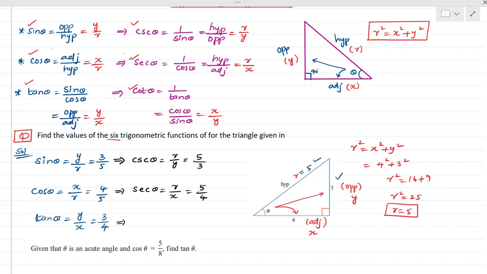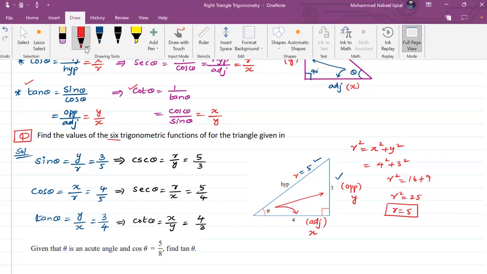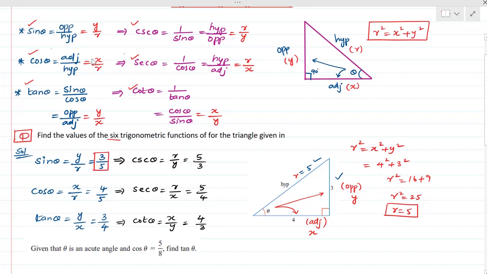And then cotan theta is x over y, so 4 over 3. So we have calculated the six trigonometry functions.